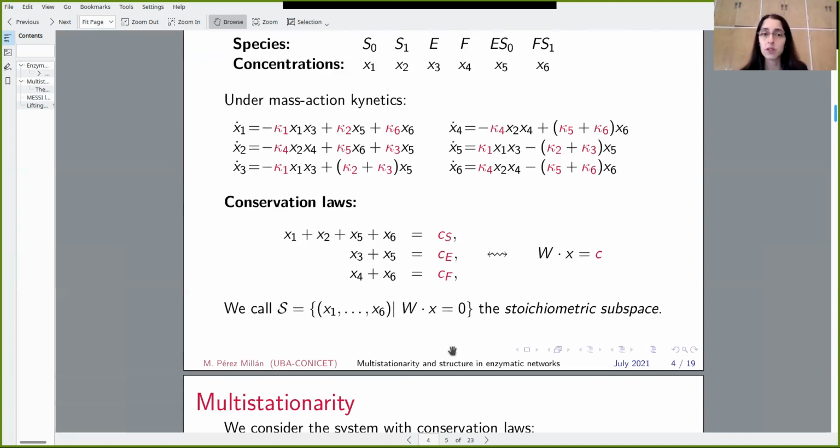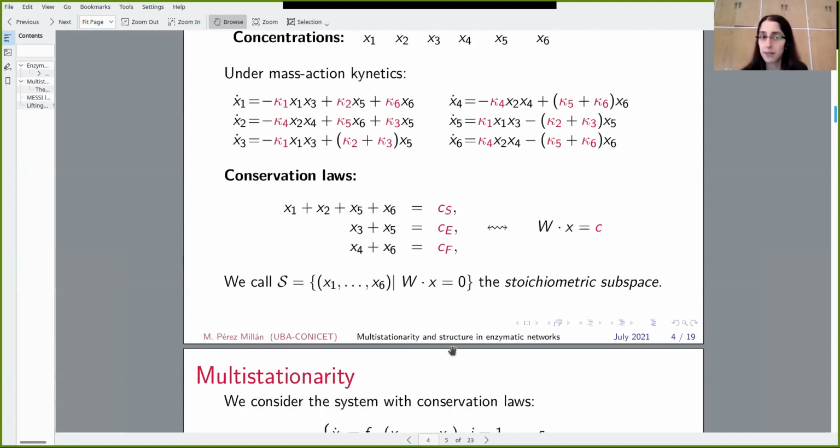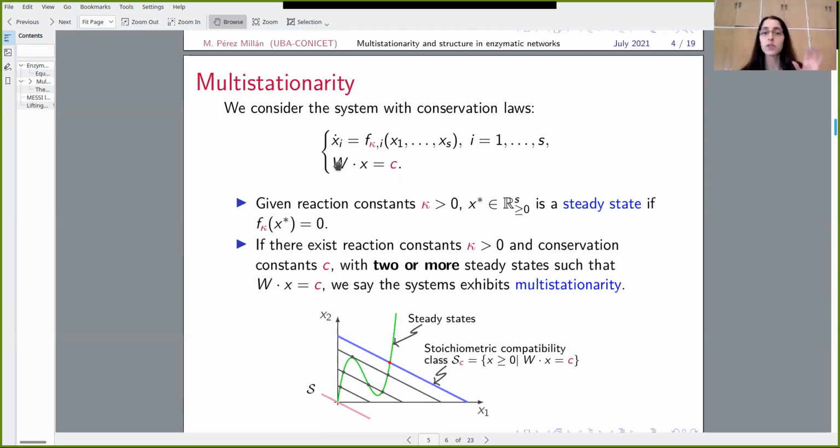So multistationarity means that, first of all, we consider the system with conservation laws. We call these derivatives f. So these are the polynomials in the X's that depend on the constants kappa, the reaction constants kappa. And we also write down the conservation laws.